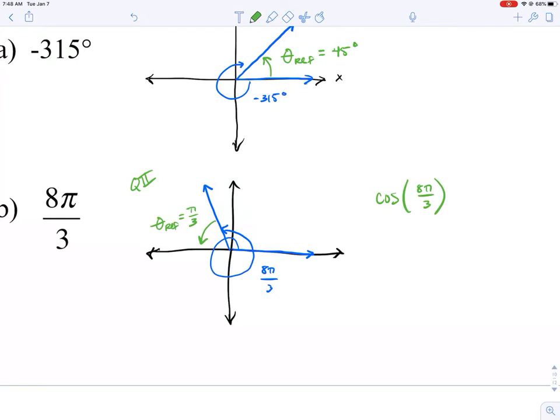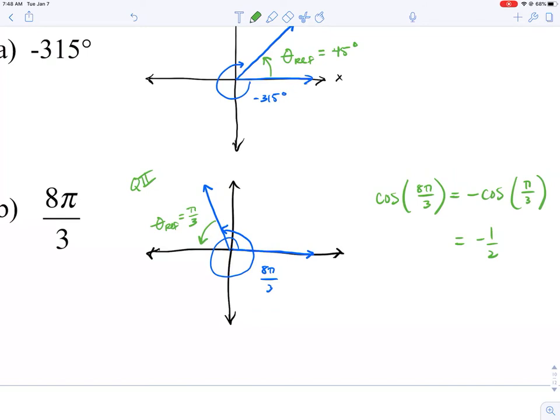So cosine of 8 pi over 3 is going to be a negative value. If we were to use the reference angle to evaluate cosine at 8 pi over 3, we think, okay, well, cosine of pi over 3 is 1/2. However, in quadrant 2, it's negative. So it's really negative cosine of pi over 3 is what cosine of 8 pi over 3 is equal to, so it's equal to negative 1/2.